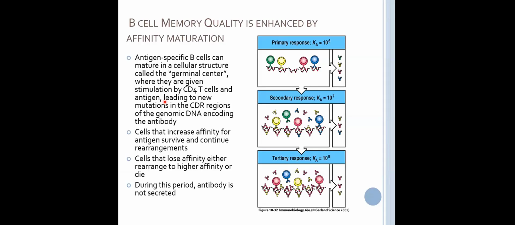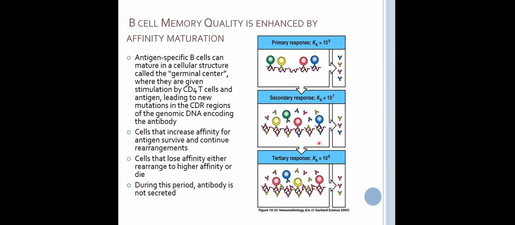One unique thing that B cells do that T cells don't do is after a B cell sees its antigen, it will actually try to make the antibody better. So it doesn't do the whole rearrangement thing again. It doesn't do the VDJ recombination, but it will make specific point mutations in the antibody gene to try to increase the affinity of the antibody for its antigen.